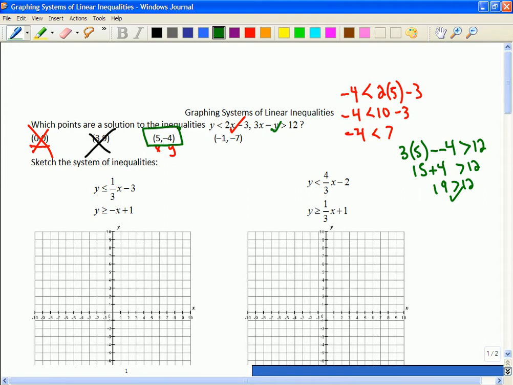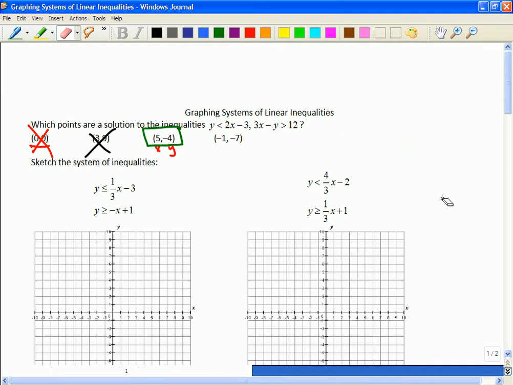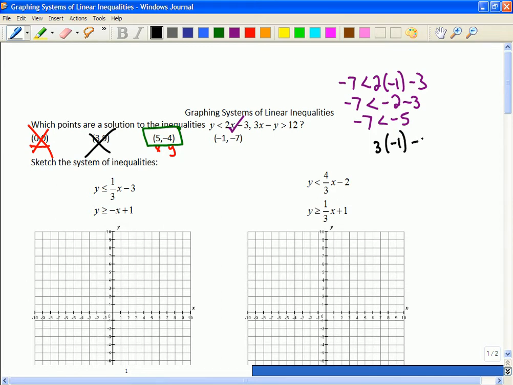Did we get the last one? Last one doesn't work? Okay, how come the last one doesn't work? It works in the first, but not the second. Okay, so let's see. Negative 7 is less than 2 times negative 1 minus 3. So negative 7 is less than negative 5. That is true, so it works there. And if we try it again, then I'm going to have 3 times negative 1 minus negative 7.